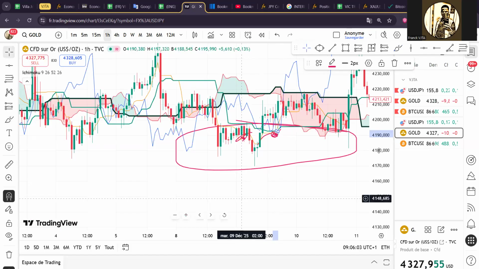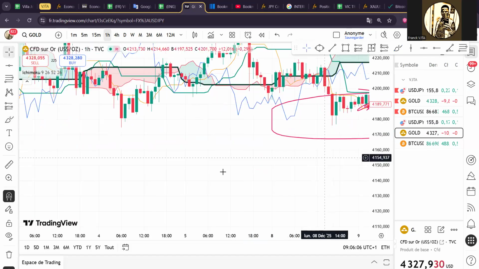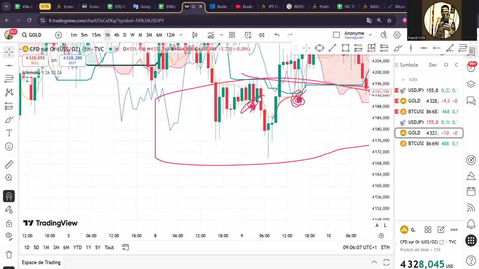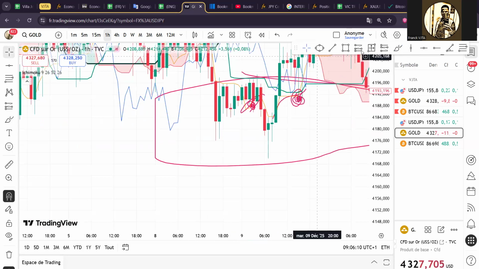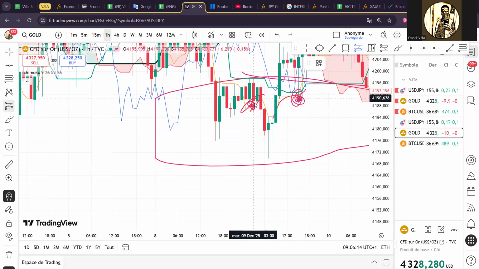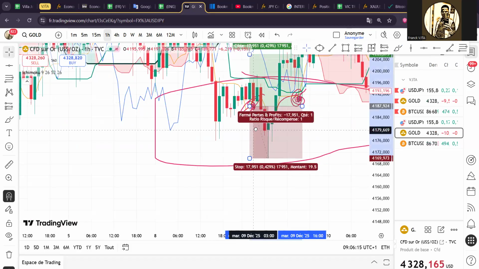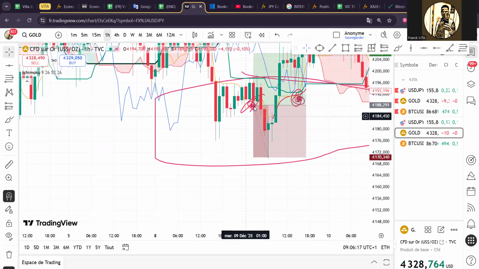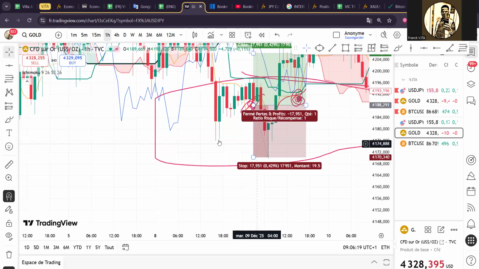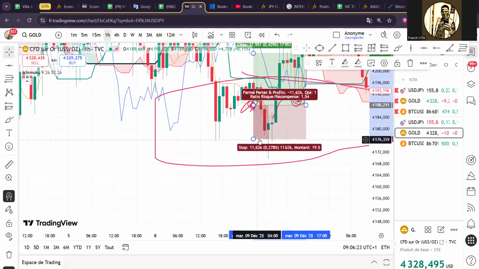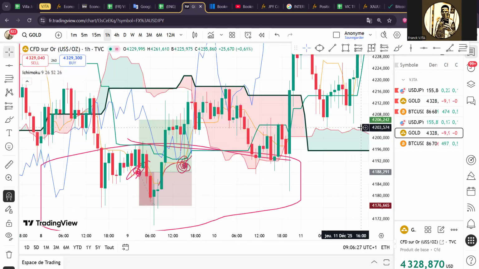Okay, let us take the first inverted Tenkan on daily. This one, right? This could have been a good buy, just at this point when the candle touched here. But if you place a stop loss just at this point, you get stopped out, but the trade would have gone to your side.